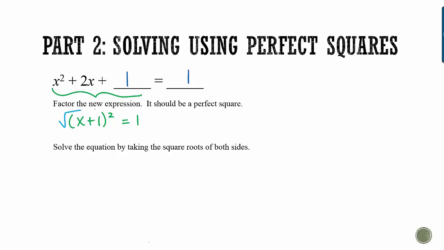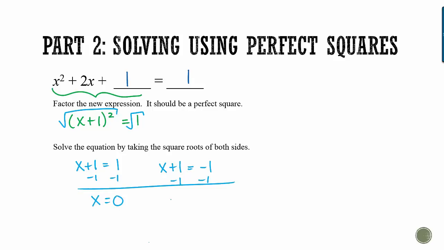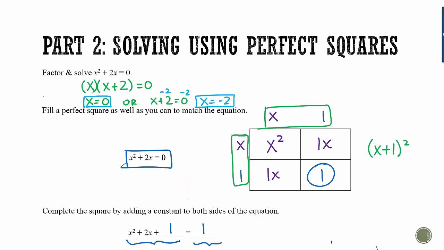I can solve this by taking the square root of both sides, and I get x plus 1 equals positive 1, and x plus 1 equals negative 1. And then we can solve, and we end up with 0 and negative 2. So the exact same two answers that we got here.